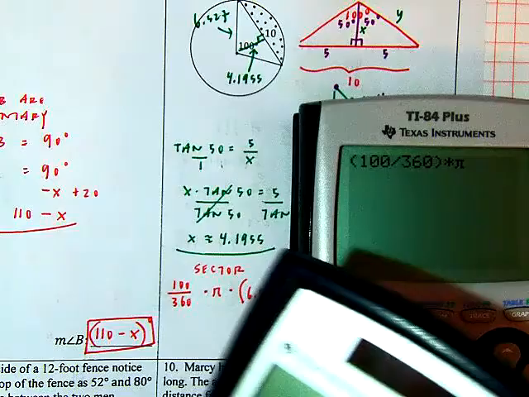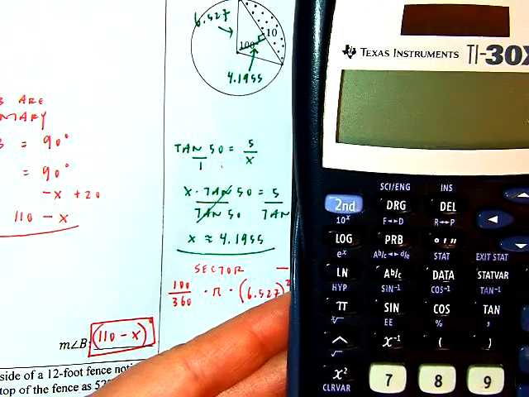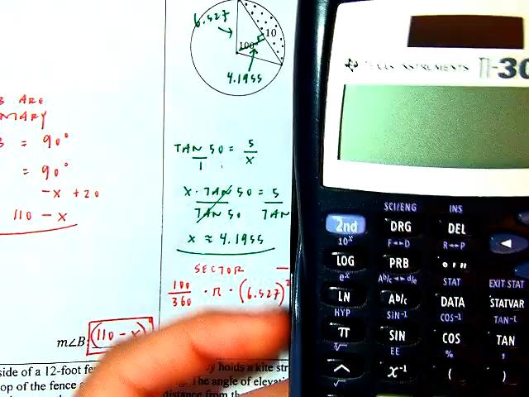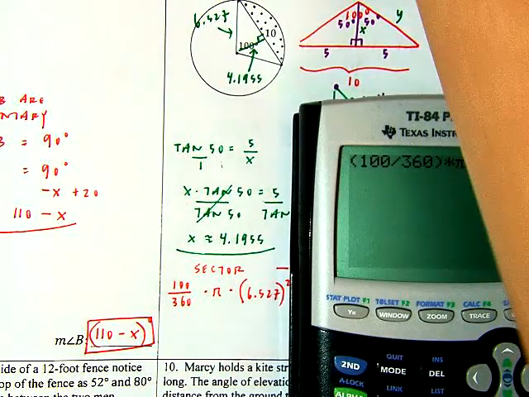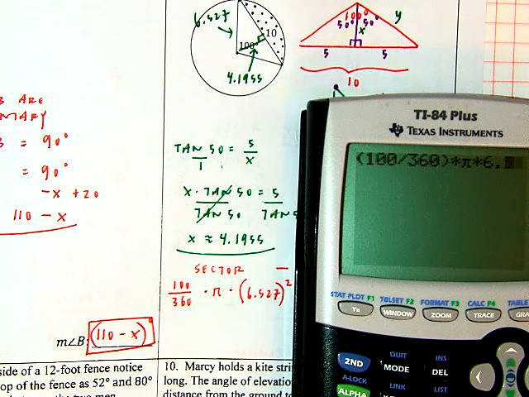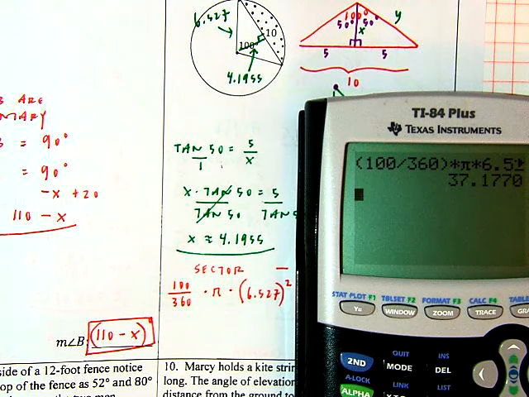On one of these scientific calculators, pi is right here. I'll show you with my finger, right there. Now I'm going to also multiply that by 6.527 to the second power, just like that. So that's how that types in.